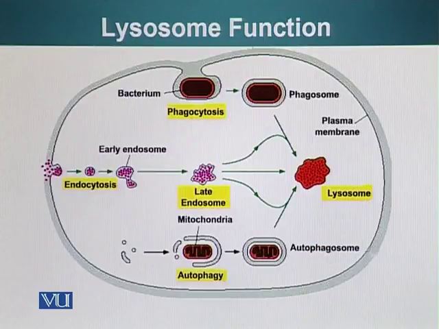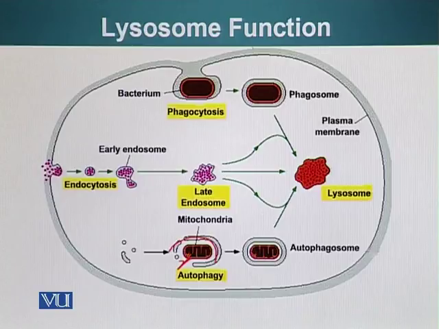So the lysosome, as we know, is the organelle which degrades larger structures. Not only do phagocytic vesicles fuse with the lysosome, but cellular organelles that have been damaged over a period of time also fuse with the lysosome. Here, for example, this mitochondria was damaged.